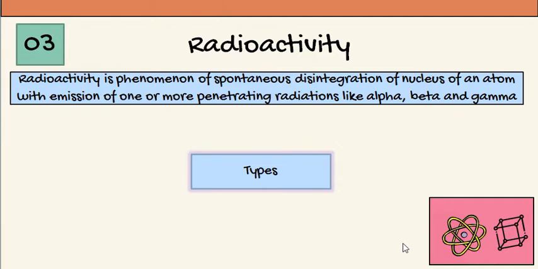Now we have radioactivity of two types. One is natural and the other is artificial. What is the difference between these two?